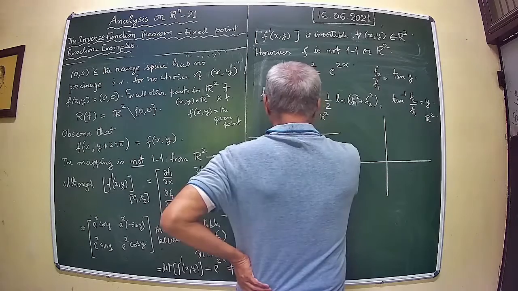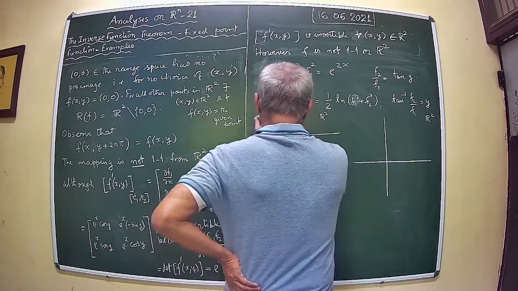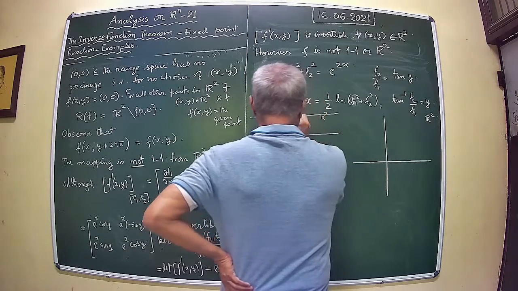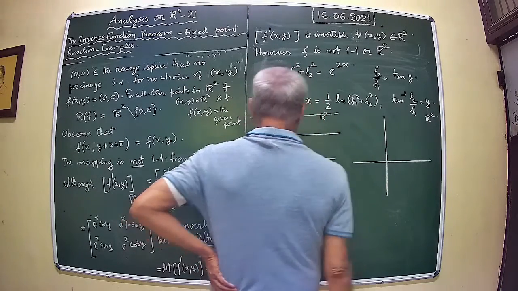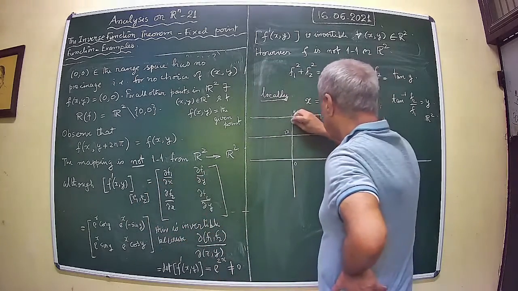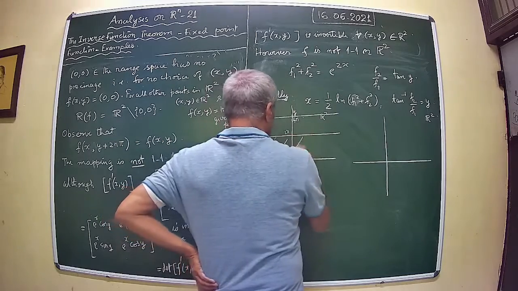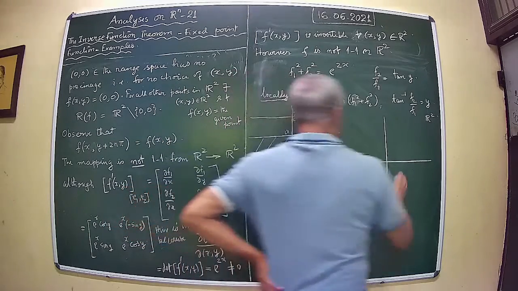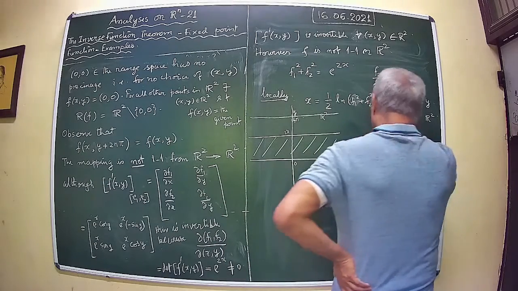This is the y-axis, etc. Now you see that this whole part gets mapped to R2.